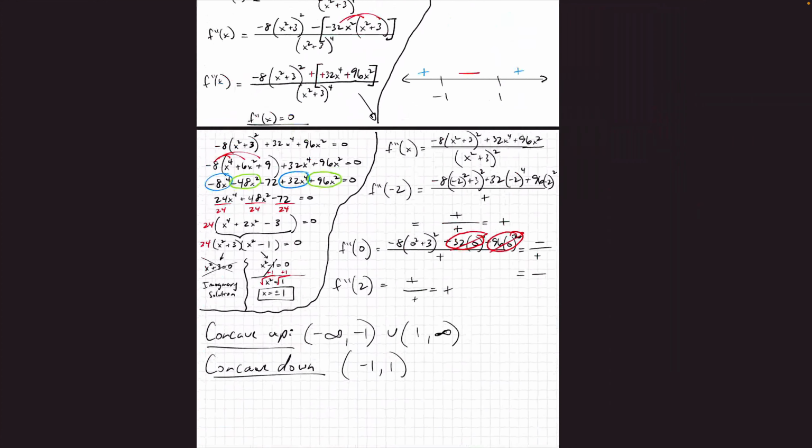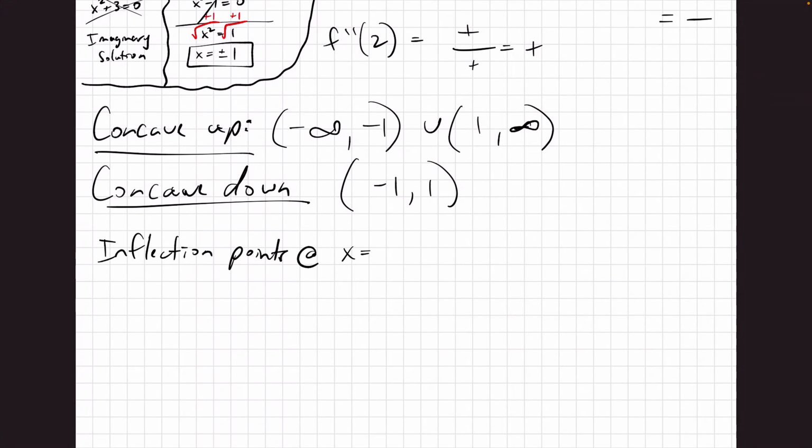Yeah, we had 2 because the concavity changed at -1 and then it changed back at +1. So we have inflection points at x equals -1 and x equals 1.